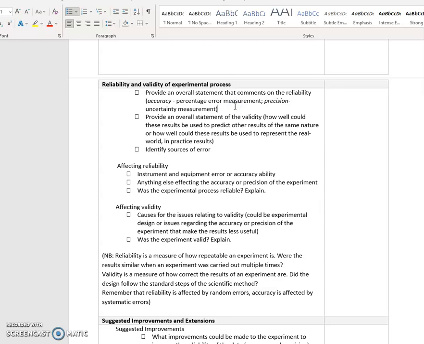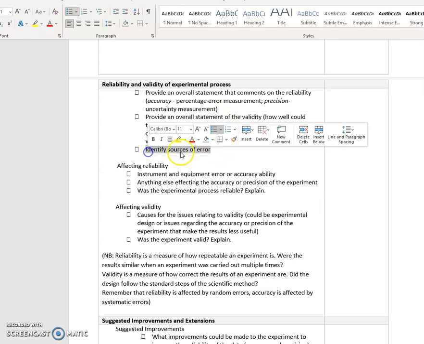Now you need to mention that if there was a high unreliability, so a high level of uncertainty in the data, then that probably means there was a lot of random errors that occurred throughout the experimental process. All right, so in this section here, we're going to discuss what those errors could actually be.